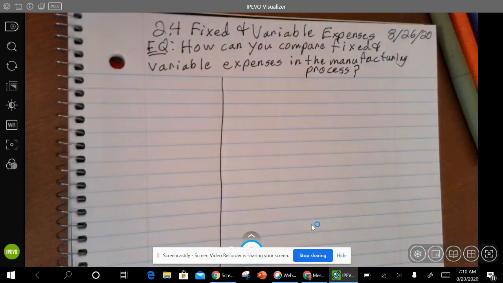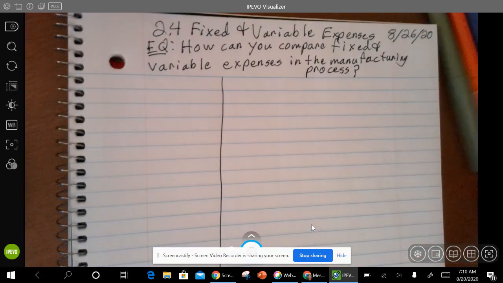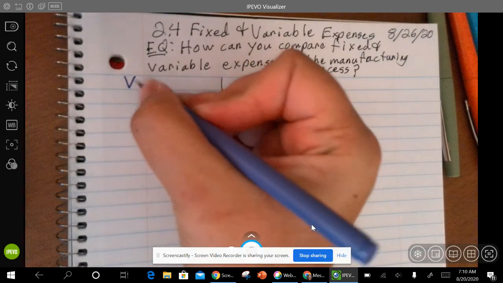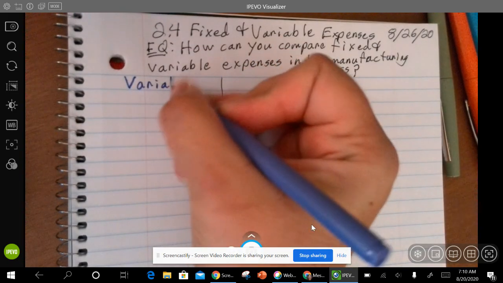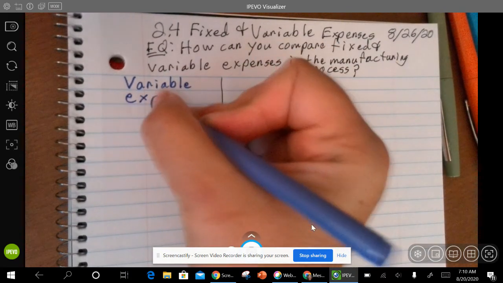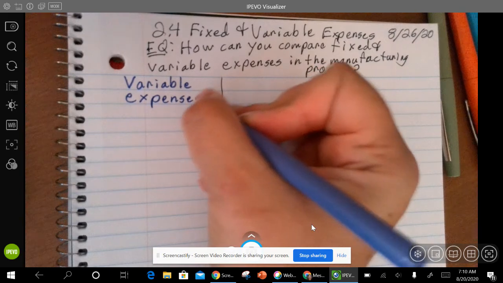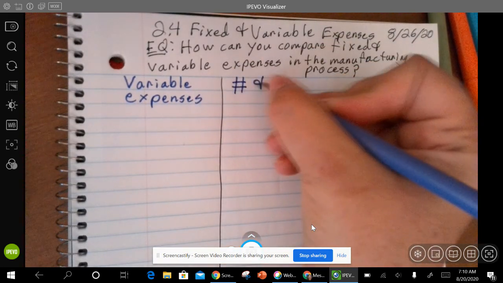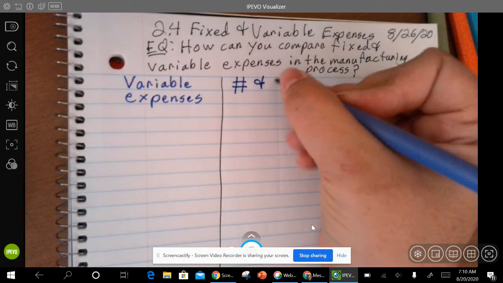Okay, so variable expenses, everybody, are going to be a number and a letter.